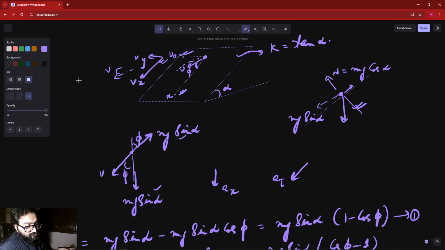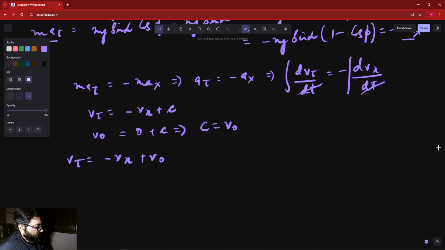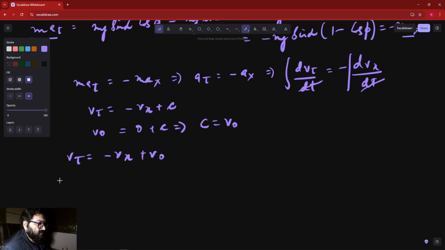I've got the relationship between Vt and Vx. Please also note that phi is the angle between Vt and Vx. So if I use that, I can write Vx is nothing else but Vt cos of phi, right?